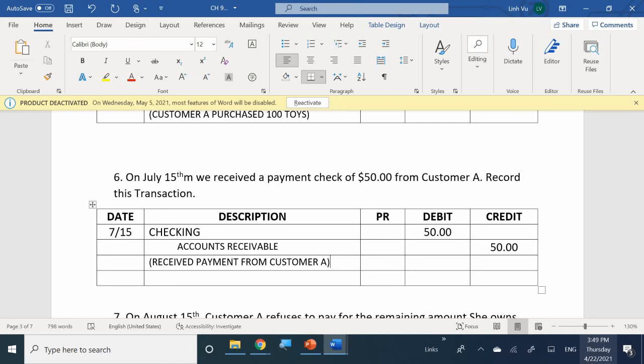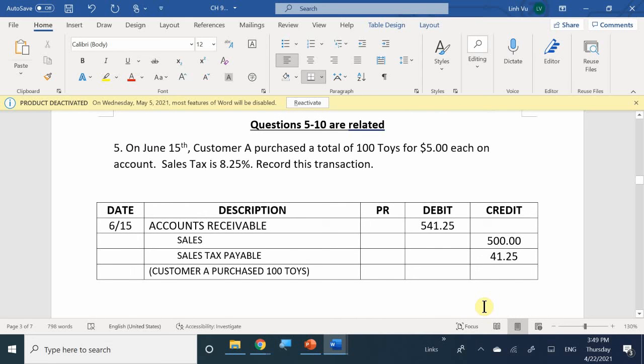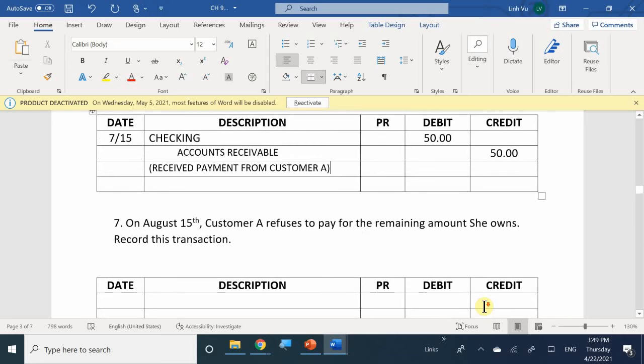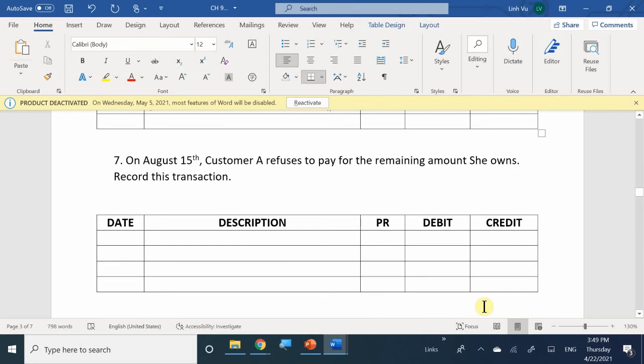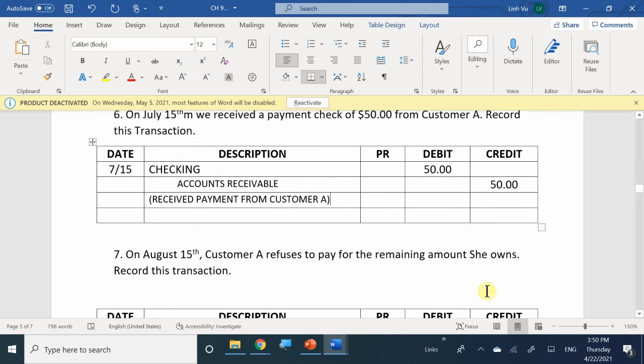We're recognizing that we received money and we're going to reduce the amount that this customer owes us. Now, if the customer owes us $541.25, they only paid us $50. So you never know what's going to happen to customer A. So let's see what happens to customer A.